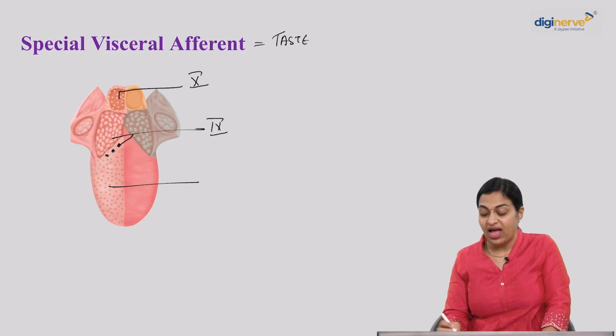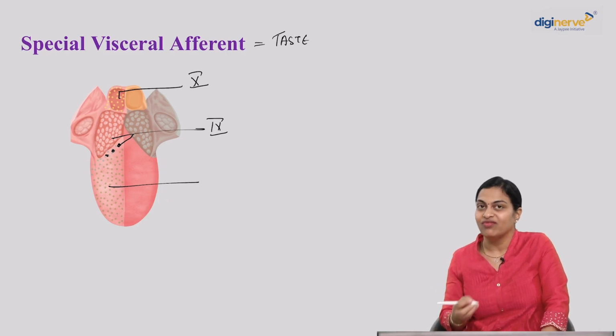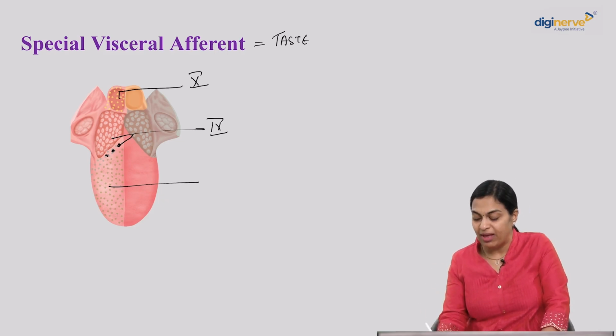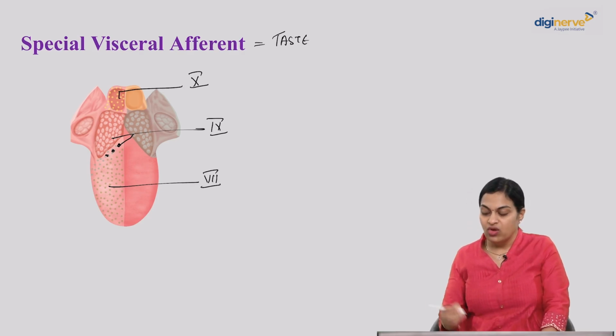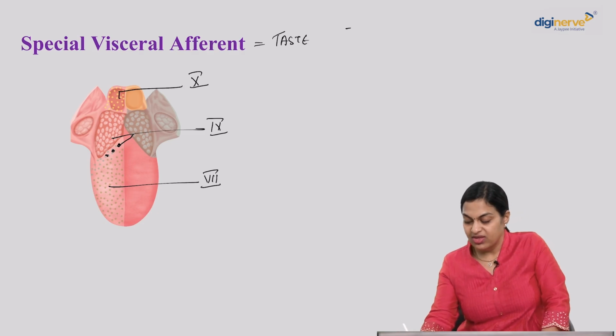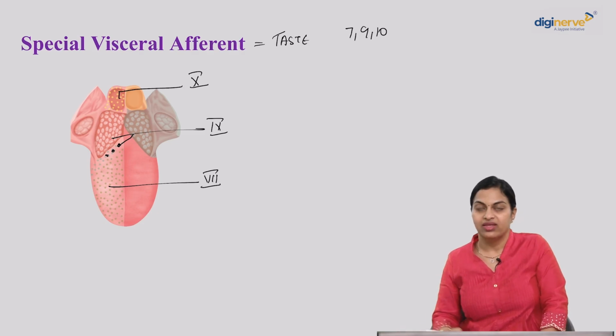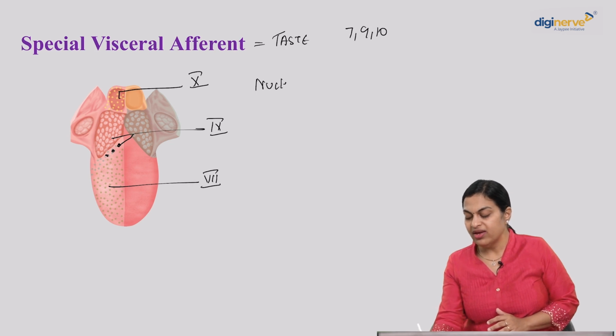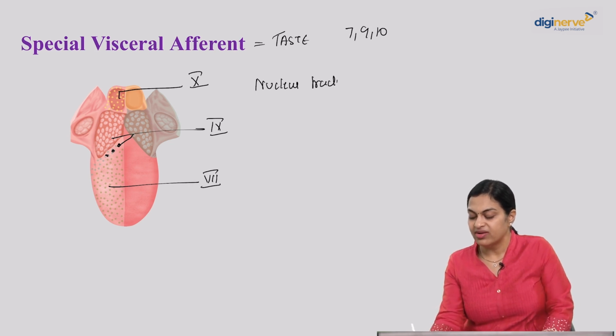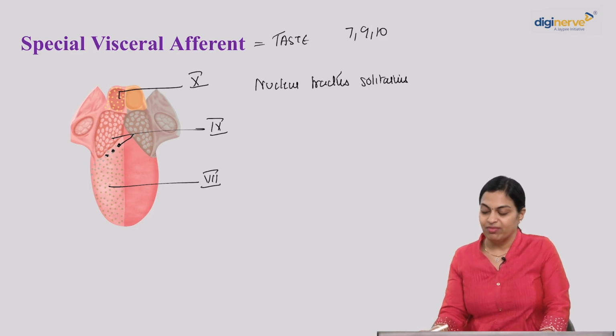Taste sensation from the anterior 2/3 of the tongue, from the fungiform and the foliate papillae, is carried by chorda tympani branch of facial nerve. So these three nerves, the 7th, 9th and 10th, they come under special visceral afferent column, and again it's the nucleus tractus solitarius from which these fibers arise.